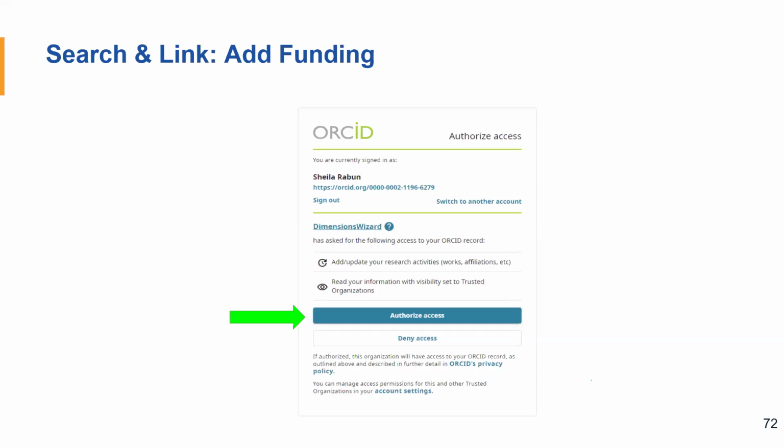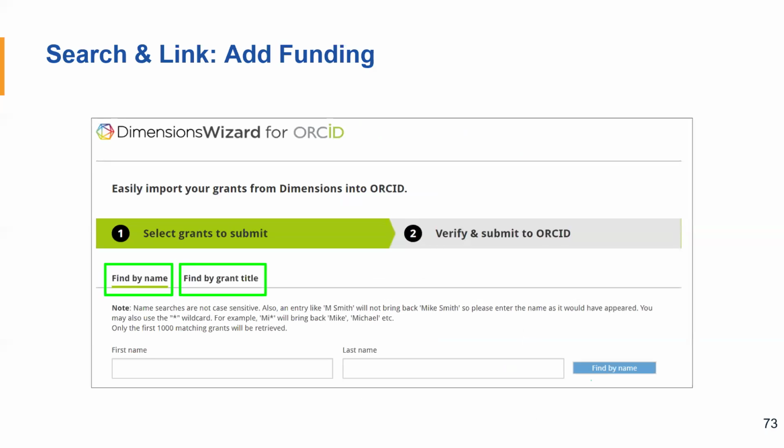And then if you click on Authorize Access, you will be taken to a page that allows you to search for any past funding you have received, either searching based on your name or the name of the grant.